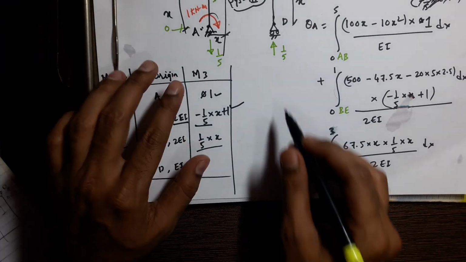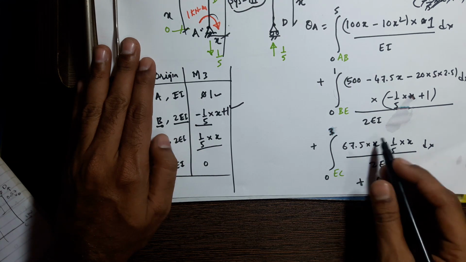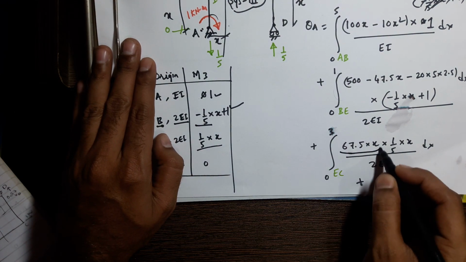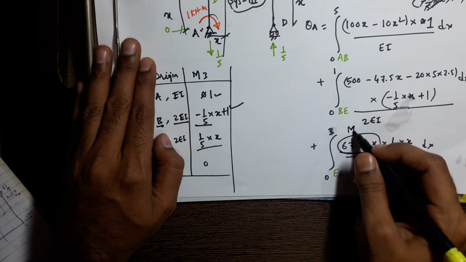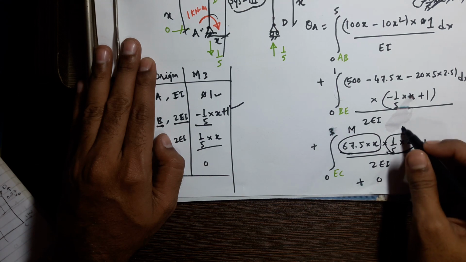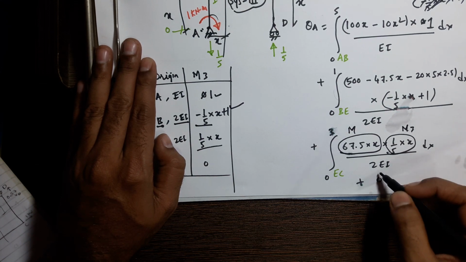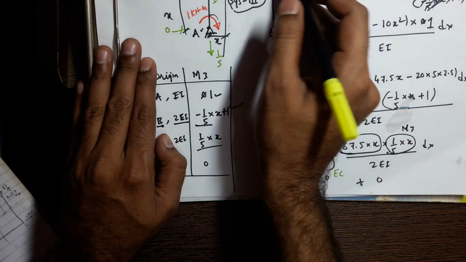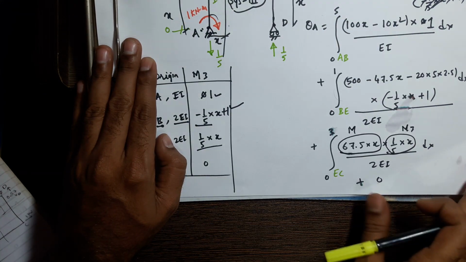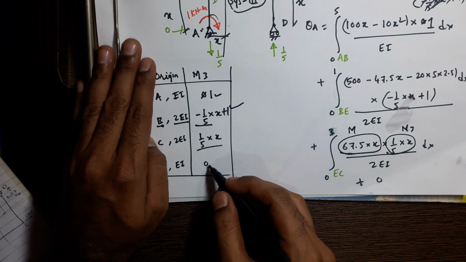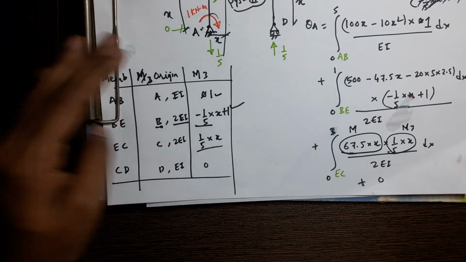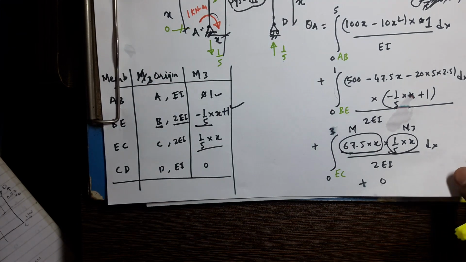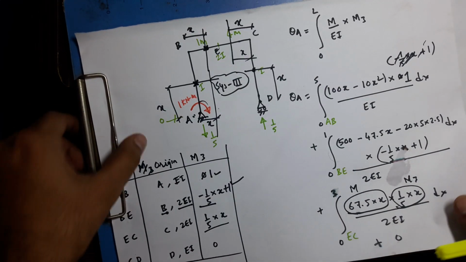Then we have member CE. Again this is M and this is M3 divided by 2 EI. This is also part of the beam. Plus 0, because M3 is 0, so ultimately the product you will get is 0. Directly you can write 0 here.